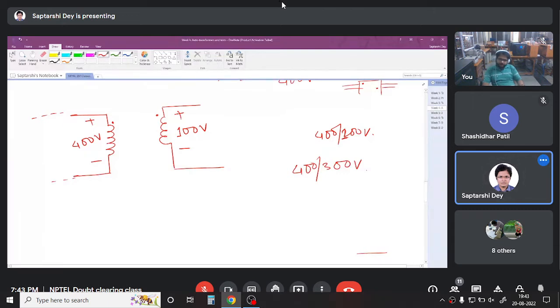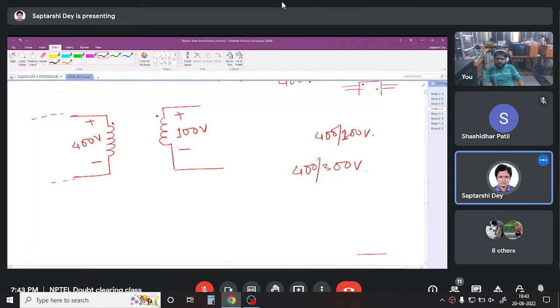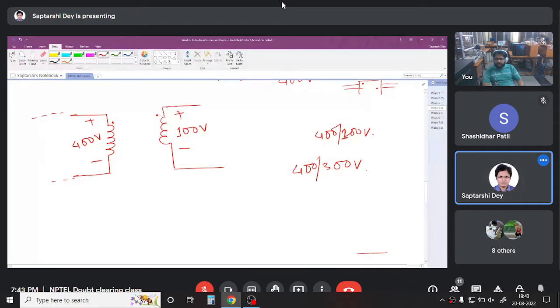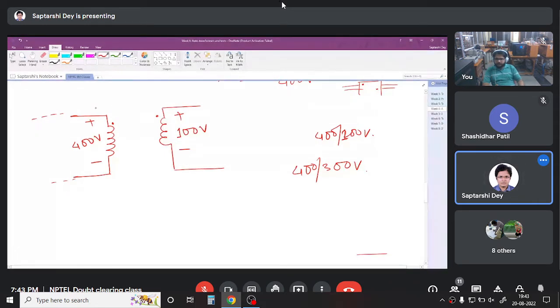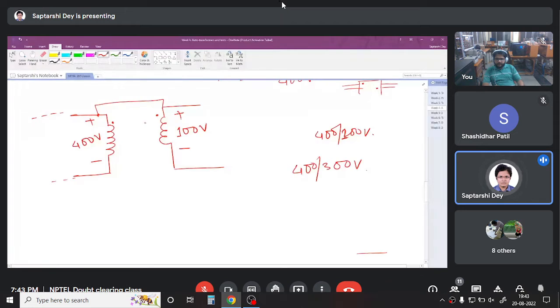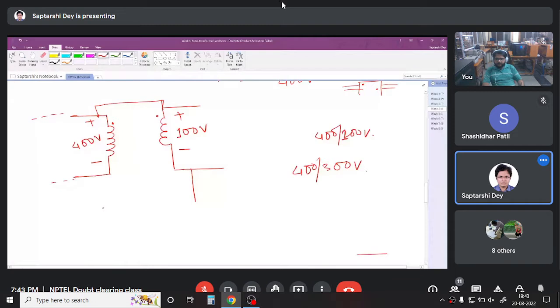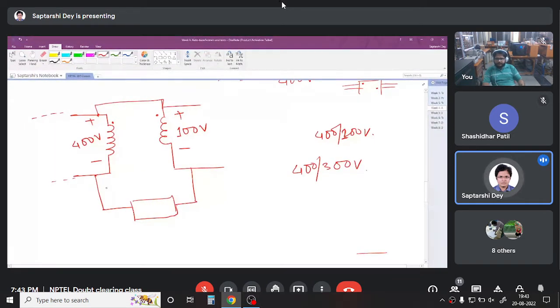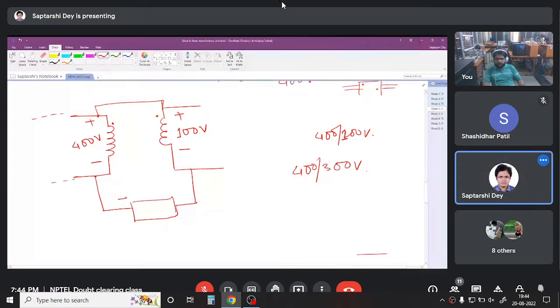Say it increases like this and it should drop. So if I connect it in this fashion and then connect a load here, what we will see from here to here is 400 up, 100 down. So across this load, we have 300 volt.